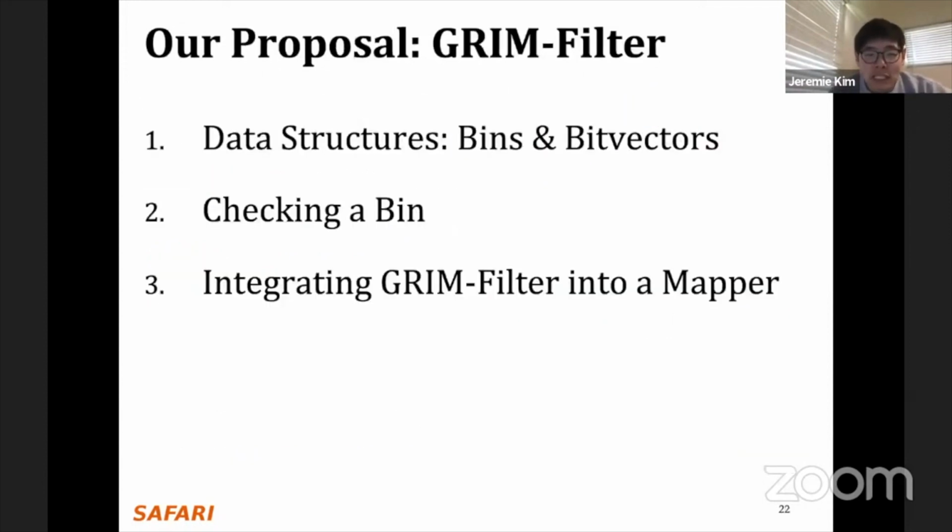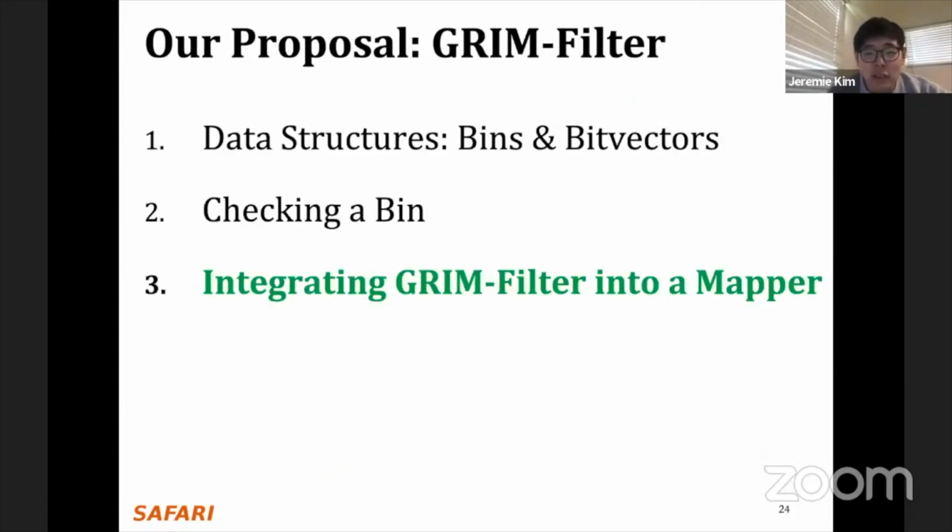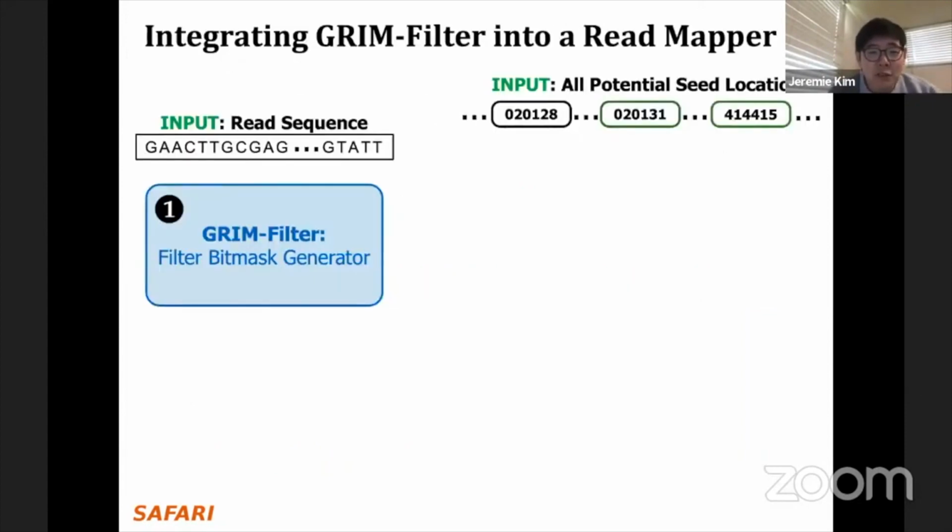So how would we integrate GRIMFilter into a full read mapper? GRIMFilter takes in a read sequence and all the potential seed locations as input. And remember, these potential seed locations are taken from the output of querying the hash table.